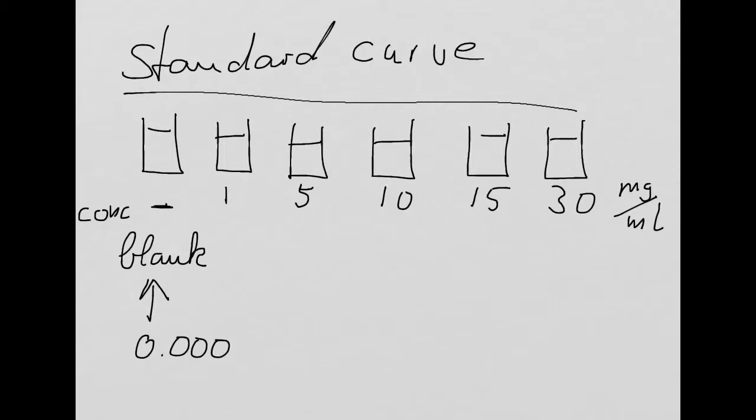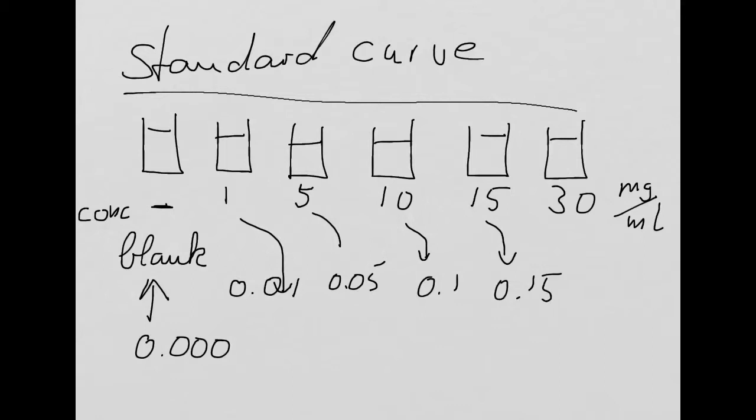So let's say here we get 0.01, 0.05, 0.1, 0.15, 0.3. That's in a very ideal world. It will never look like that, I can promise you that.